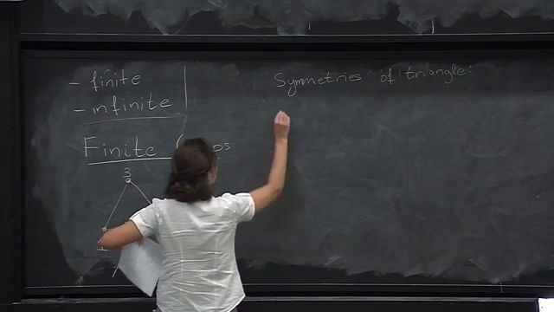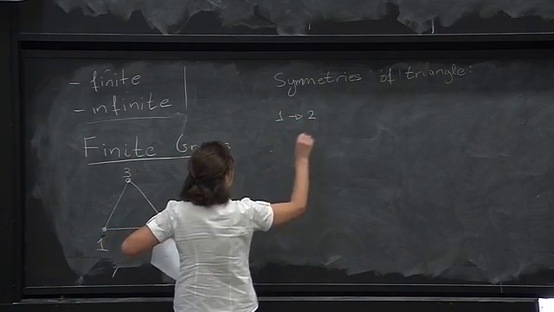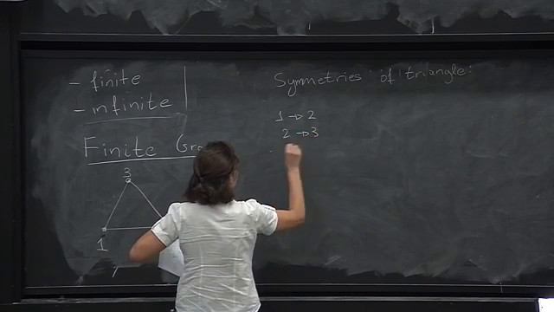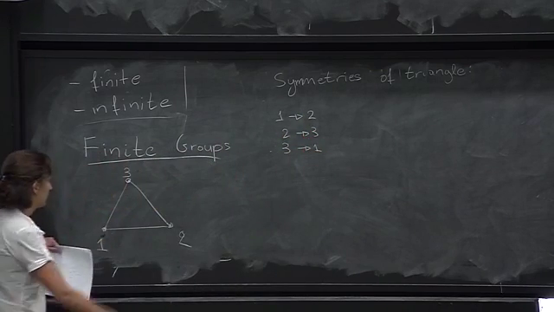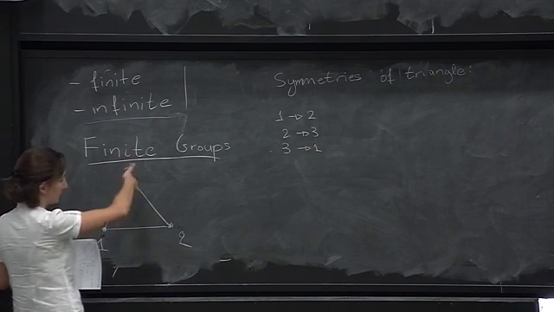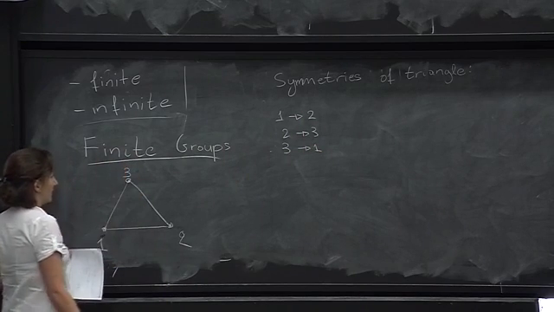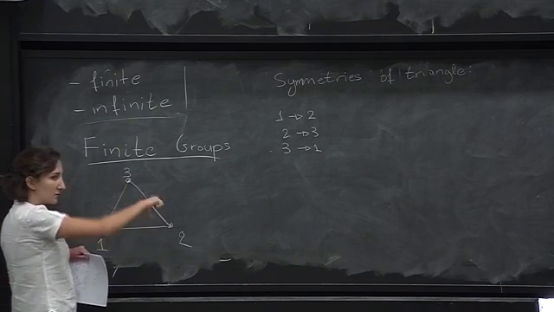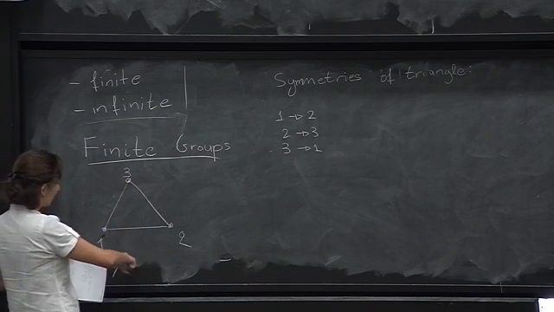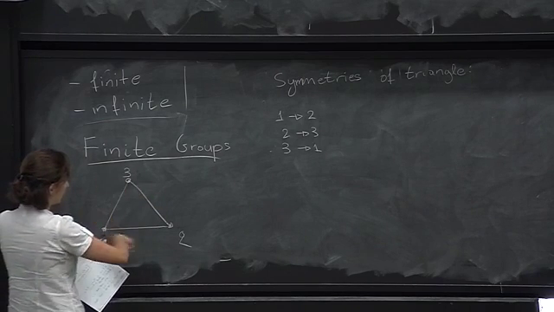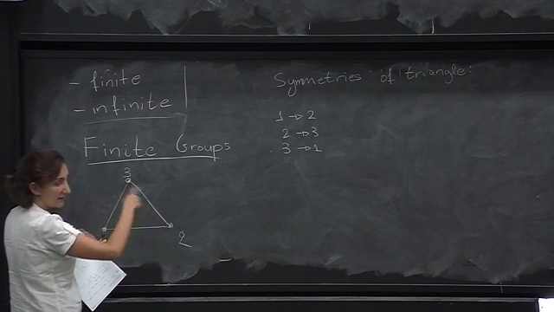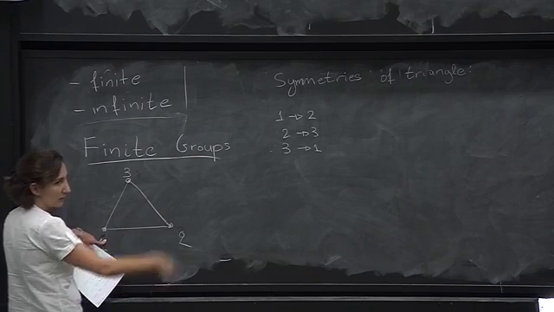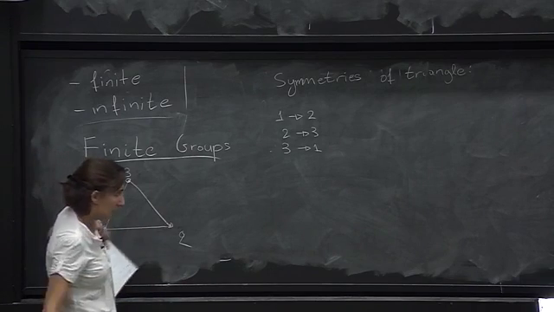So I can take 1 to 2, 2 to 3, and 3 to 1. This is one rotation. I can apply the same rotation twice, and that will take 1 to 3, 3 to 2, and 2 to 1. And if I apply the same rotation once more, I will go back to where I started.